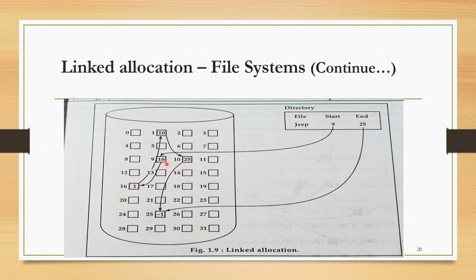It gives the address of the next block, suppose that is 16. So it will be 16. This is next, it will give the next address, 1. Then it will give 10. Then it gives 25, and that is the end. So this is a file allocation using linked allocation.